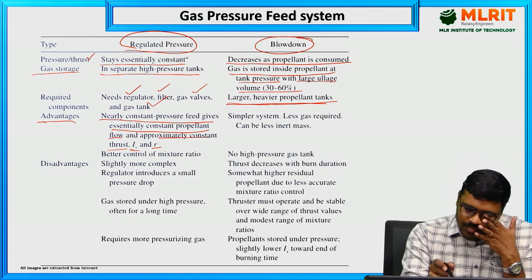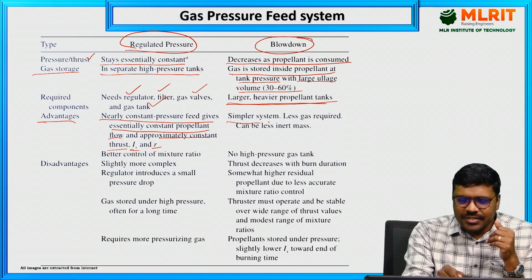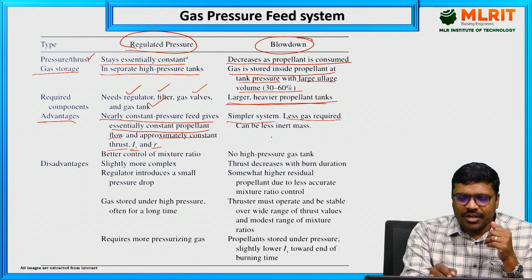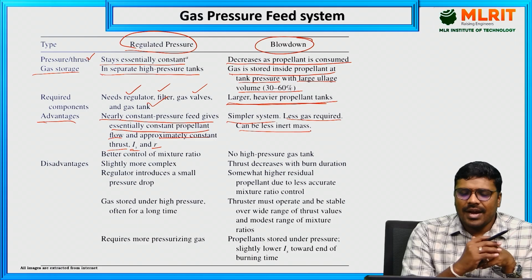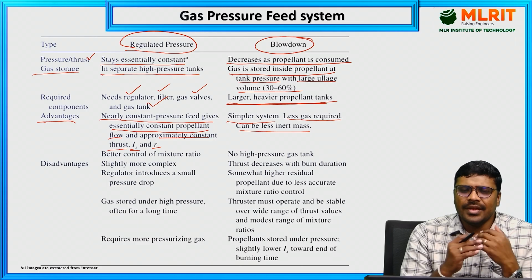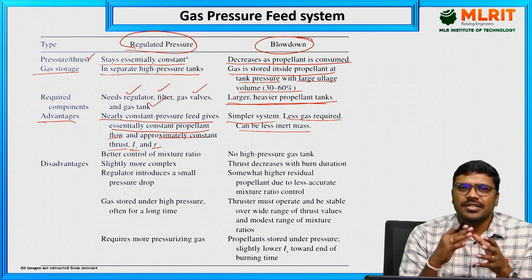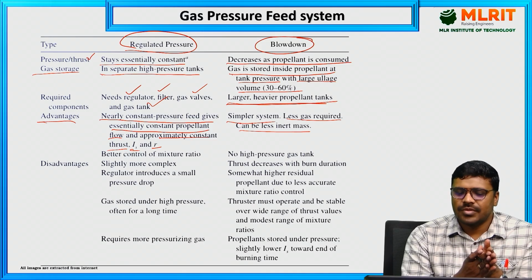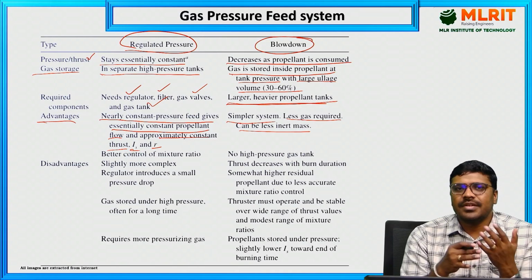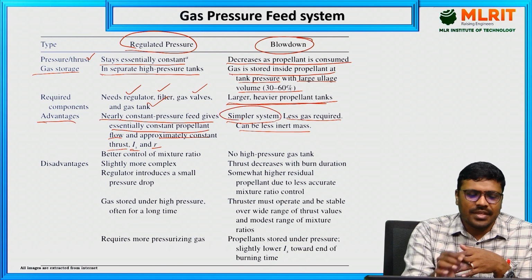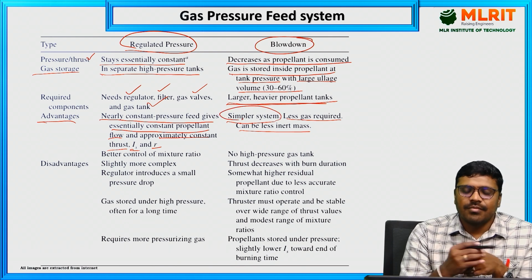Coming to the blowdown mode, it is a very simple system, so less gas is required and inert mass can be less. No need of a pressurization tank. The mass of the blowdown system is less, and the complexity of the system is less. So these are the advantages of blowdown mode.